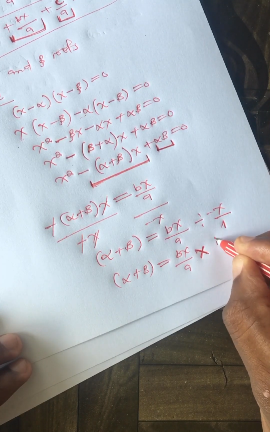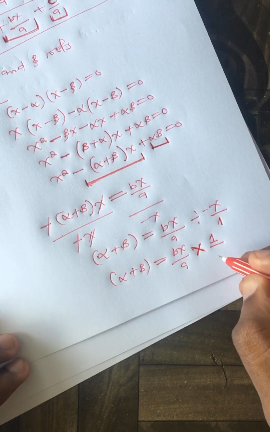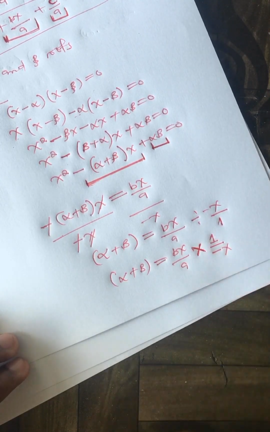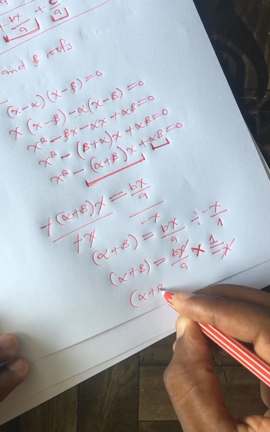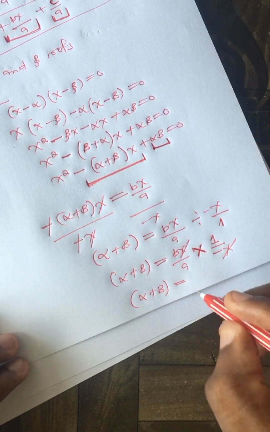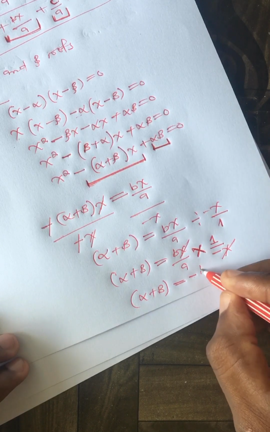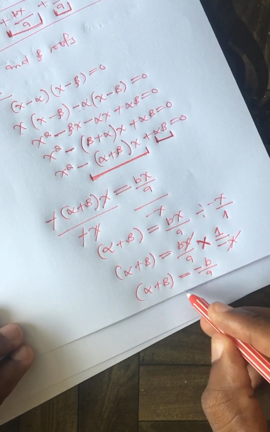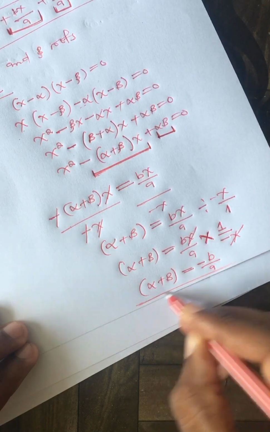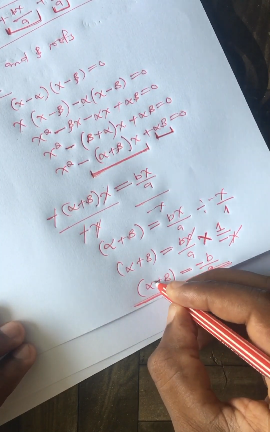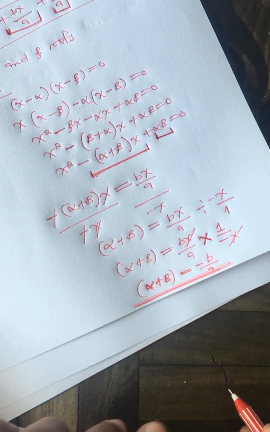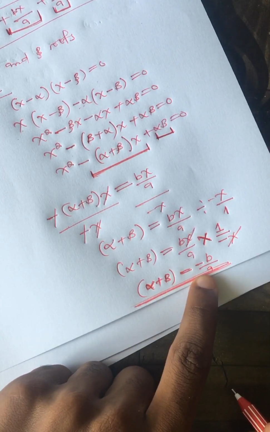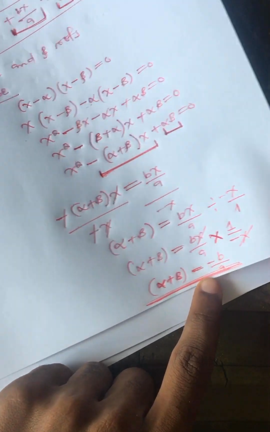Then this x cancels with that x. Then we have alpha plus beta equal to negative b over a. So this is important: where you see alpha plus beta, it means negative b over a.